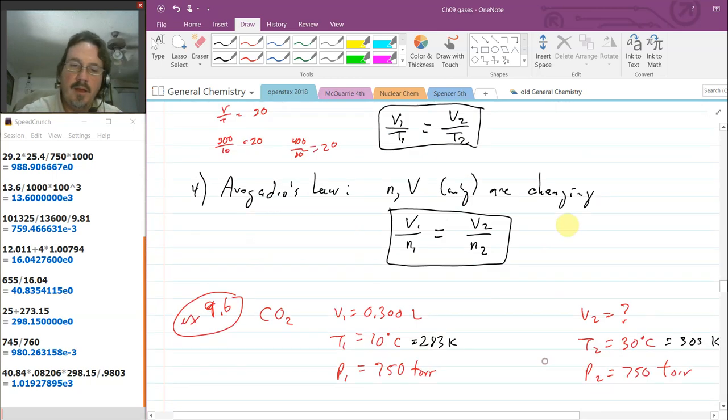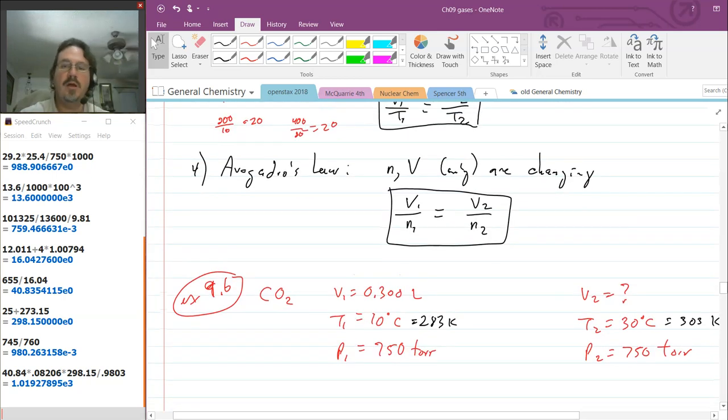Okay, number 4, the last one, Avogadro's law. That's where you're only allowing volume and N, the number of moles, to change. This one is, I think, the most obvious. If I take the balloon and I blow more air into it, what happens? It gets bigger. I'm only allowing volume and the number of moles to change. Pressure and temperature are the same.